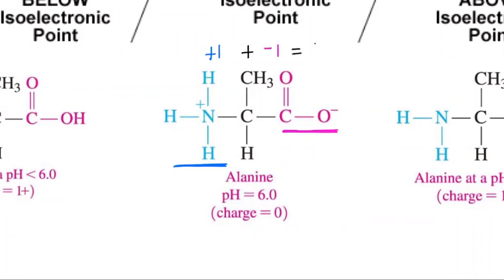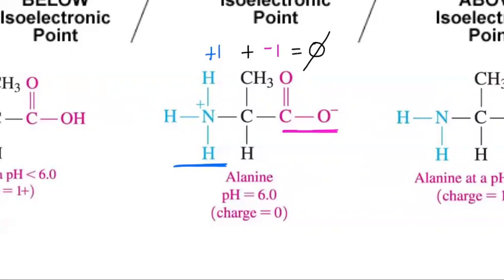That means that the overall charge of your amino acid at its isoelectric point is going to be 0, because the ammonium formal charge is canceled by the oxygen formal charge.